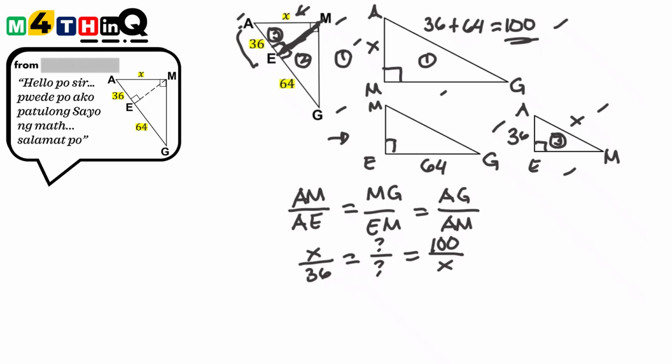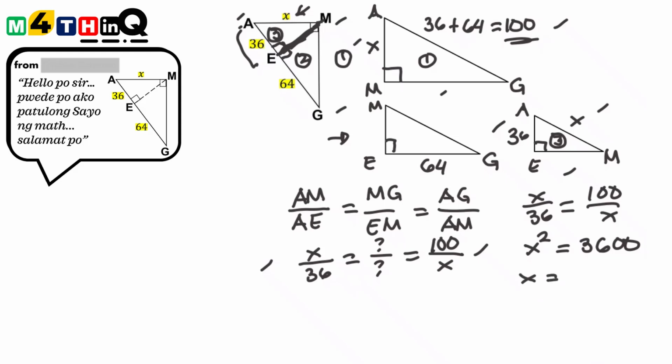In short, we will be using these two ratios for our final solution, which means since they are equal, X over 36 is equal to 100 over X. Simply use the fundamental law of proportion, or multiplying extremes and means, or in other words, cross multiplication. You will have X squared is equal to 3,600. Then you can simply take the square root of both sides.